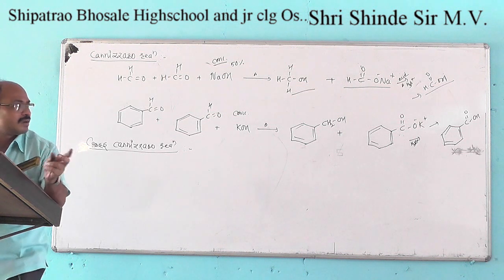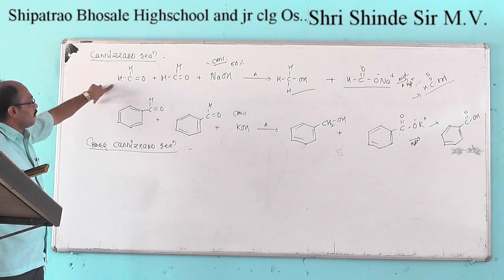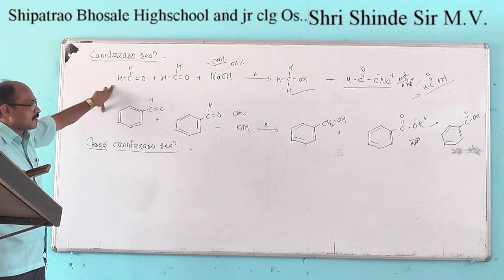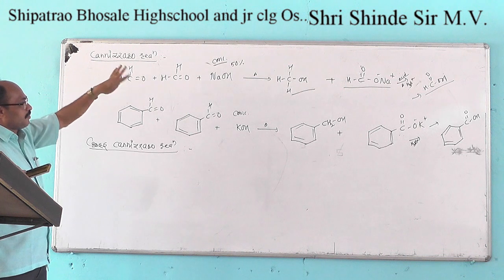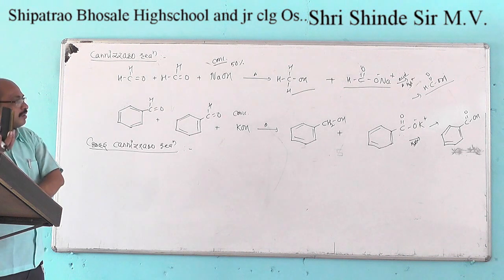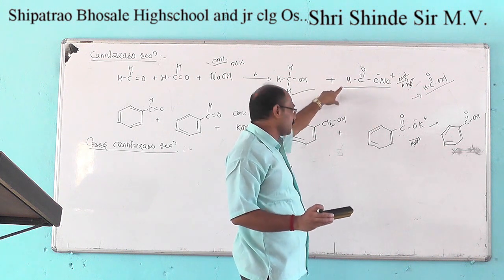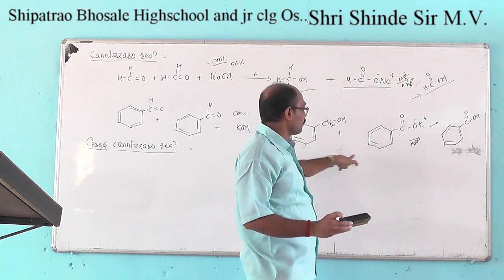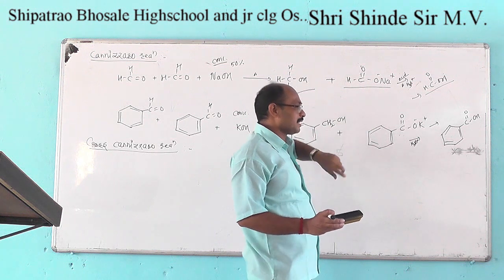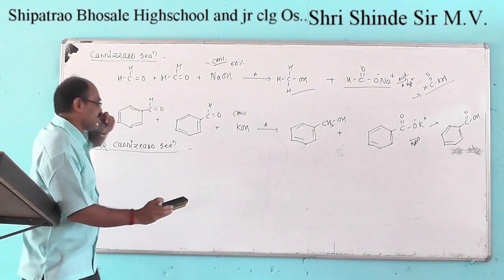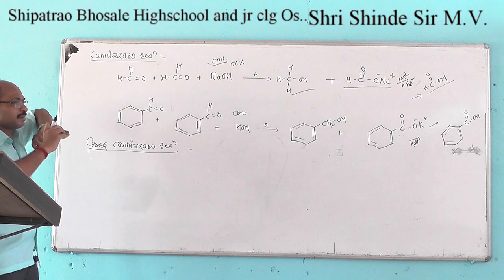Suppose I consider two different compounds; we get four different products: methyl alcohol, sodium salt of formic acid, benzyl alcohol, and potassium salt of benzoic acid. These are four different products prepared from these two different compounds.